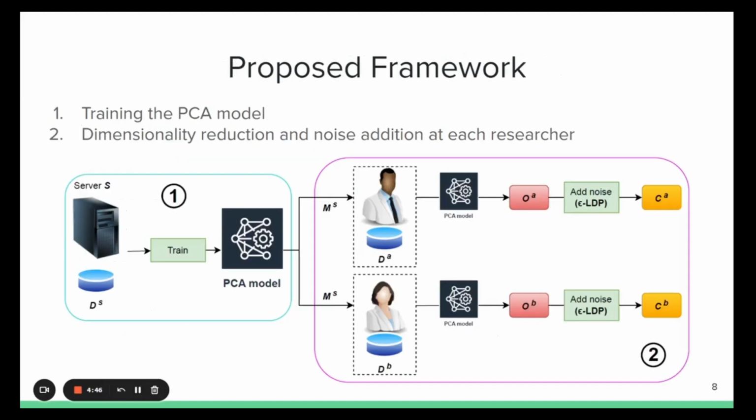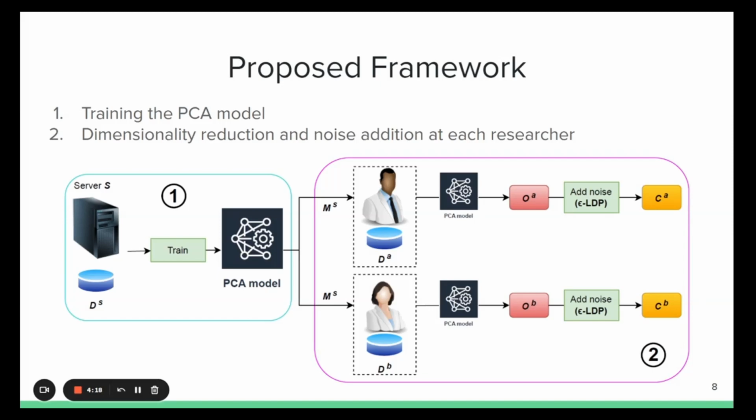Now I'll dive into the details of the proposed framework, which has 3 steps. In the first step, the server trains a PCA model using a publicly available genomic dataset, which contains individuals of various populations. Next, the trained PCA model is sent to each of the researchers. In step 2, the researchers transform their local datasets using the model that was sent to them.